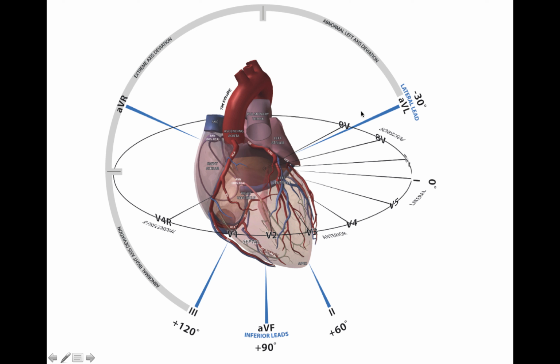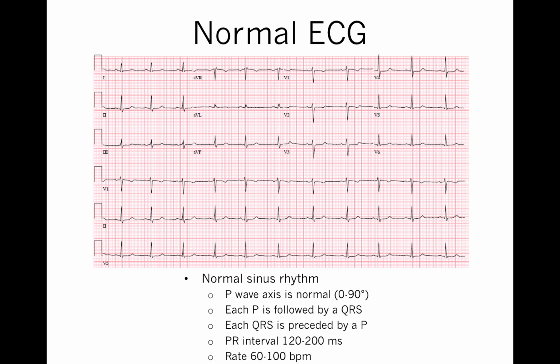The precordial leads V1 to V6, and the limb leads 1, 2, 3, AVR, AVF, and AVL, allow us to see the direction in which electrical signals flow within the myocardium in almost 3-dimensional form. And we obtain what looks like a 12-lead ECG. So you see leads 1, 2, 3, AVR, AVL, AVF, and then V1 to V6.